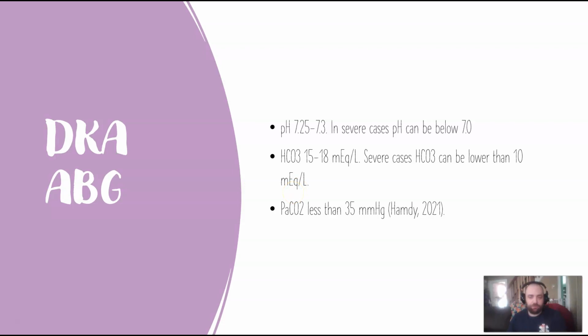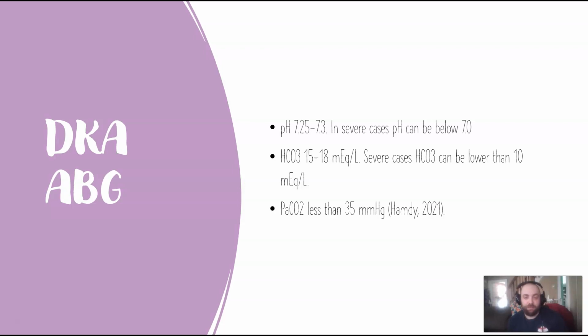So in these cases, patients with severe DKA, you're going to walk into that room because they're going to call you down, probably because they're thinking it's a severe emergency, which in a lot of cases it can be. And they're going to be chugging along with that Kussmaul respiration, that hyperventilation, taking these huge deep breaths.